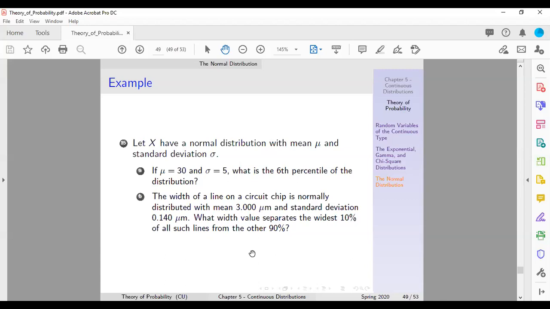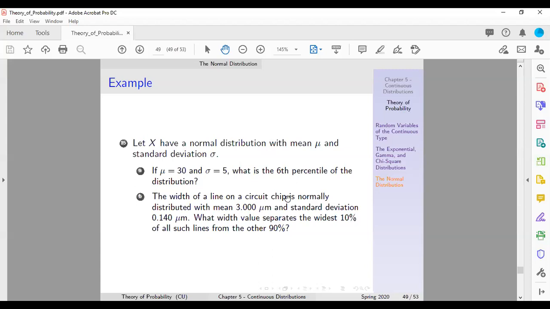If I'm starting to encounter the top 10% of the data, that means 90% is below. So really that's asking for the 90th percentile. So the first problem is asking for the 6th percentile of a specific normal distribution, and the second problem is asking for the 90th percentile of a specific normal distribution.